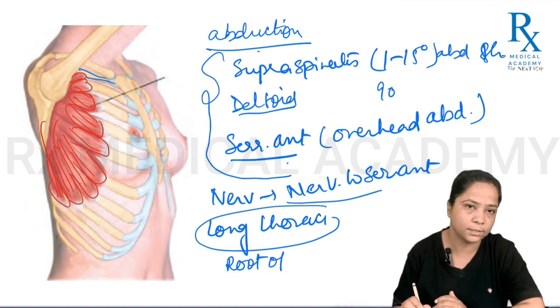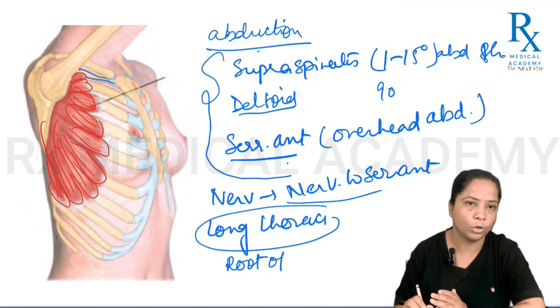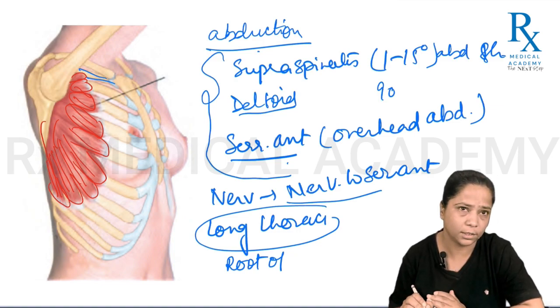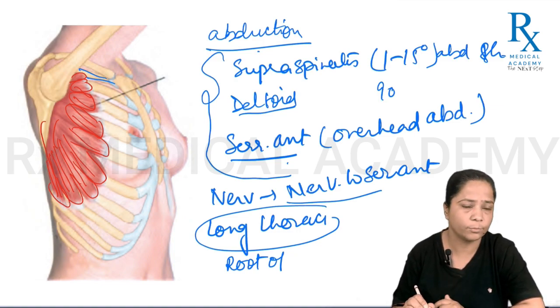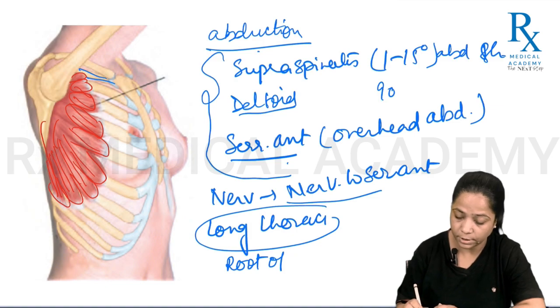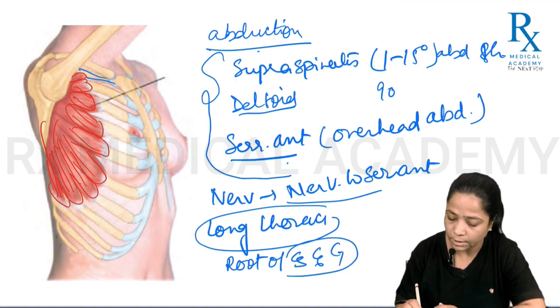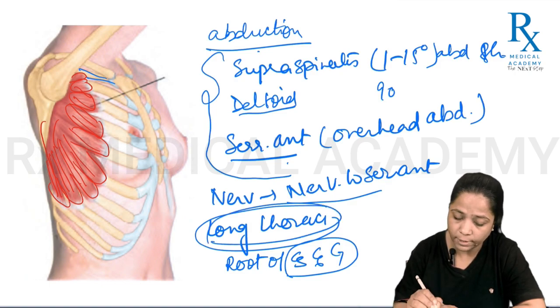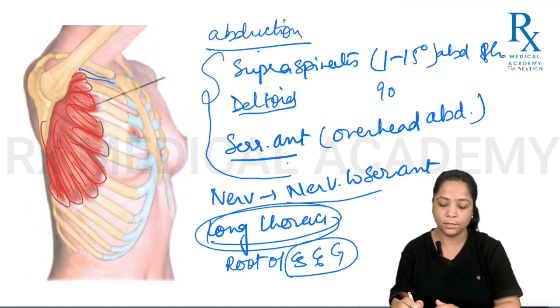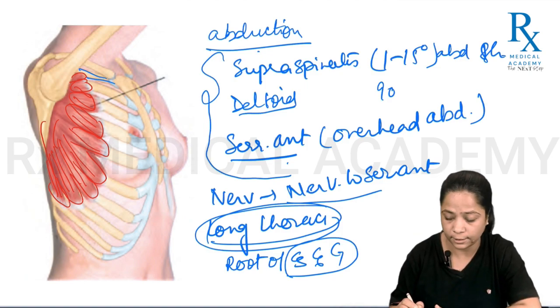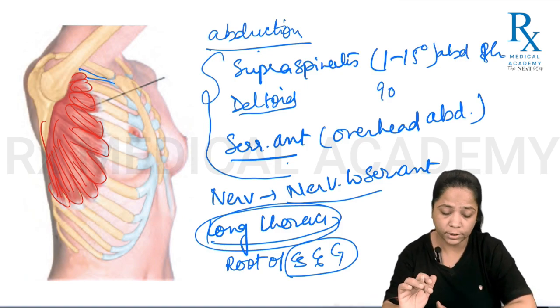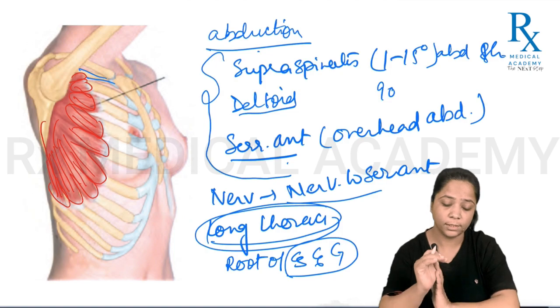You are often asked in your exam the root value of the long thoracic nerve, how it is formed, and the nerve supply of serratus anterior. The roots C5, C6 and C7 form the long thoracic nerve, and this nerve supplies the serratus anterior muscle. So this is all about the serratus anterior muscle.